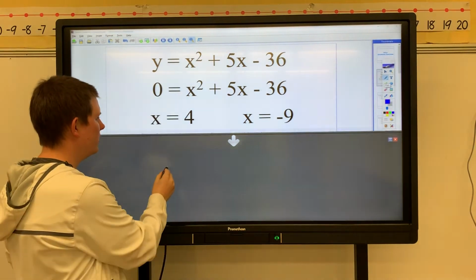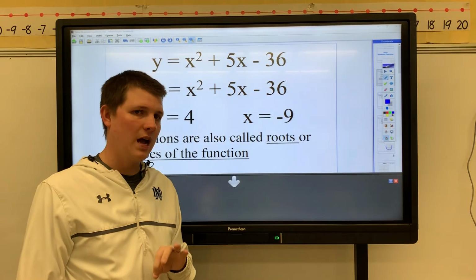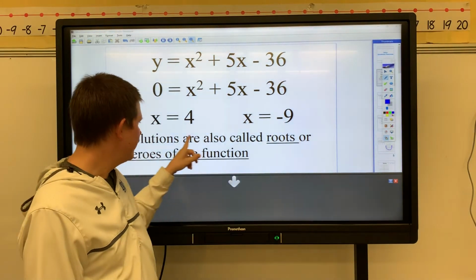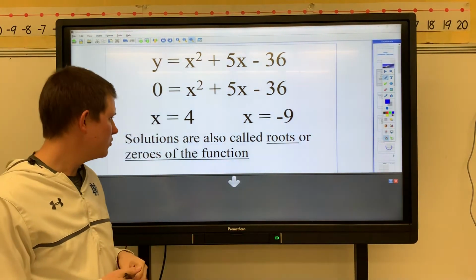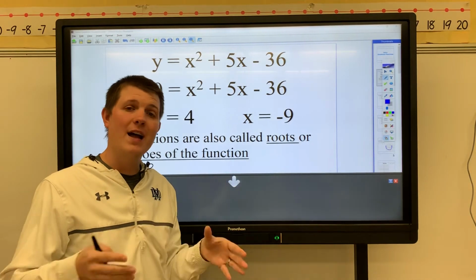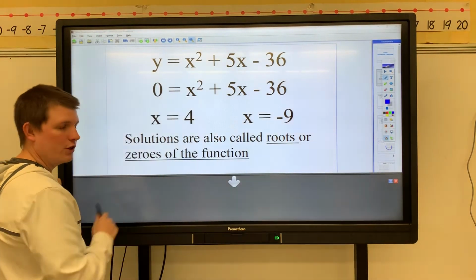We also call these solutions roots. So anytime you see the word roots, I will reference that a lot in this chapter. If ever you see the word roots, that just means solutions. That's a synonym for the word solutions. So if you ever hear roots, that just means find the solutions, find the answers. Sometimes they're also referred to as the zeros of the function.